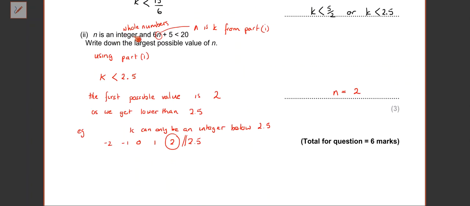An integer is a whole number. So basically the largest whole number less than 2.5 is 2. So that's 1 mark. Okay, so just to confirm, that one is worth 2 marks. This one is worth 1 mark, which makes the 3 for that bit in total.